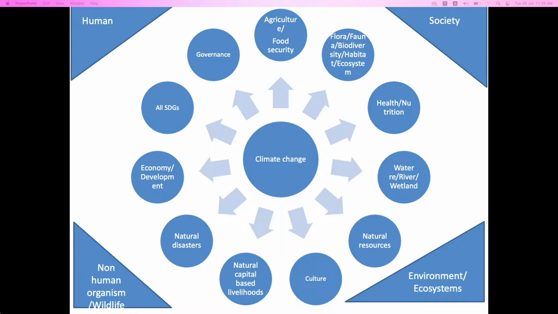You are familiar with this word? Unfortunately, I have no time to elaborate on this. If you are new to this word, please search on the internet, you will get sustainable development goals. There are 17 goals which the United Nations have constructed or envisaged to be achieved.